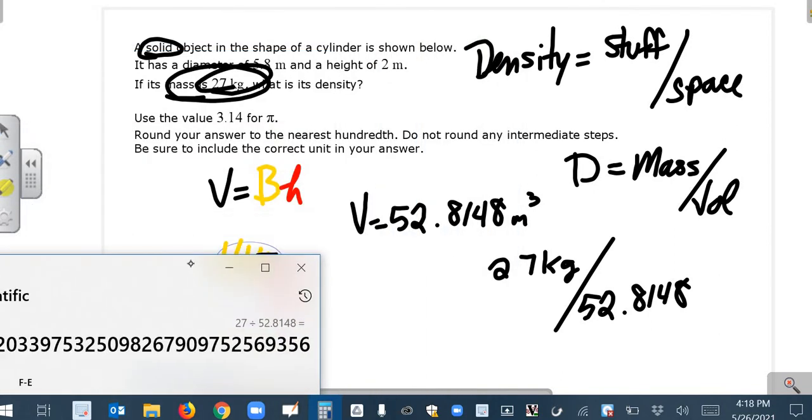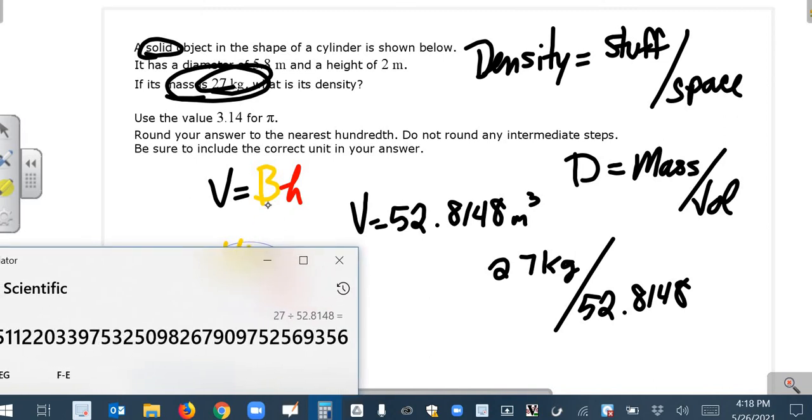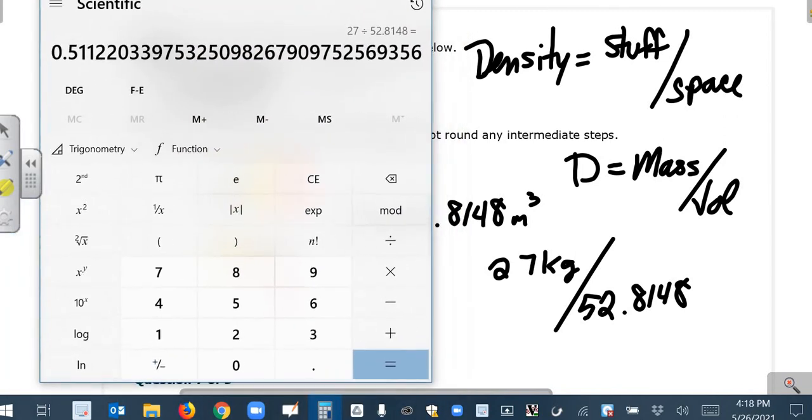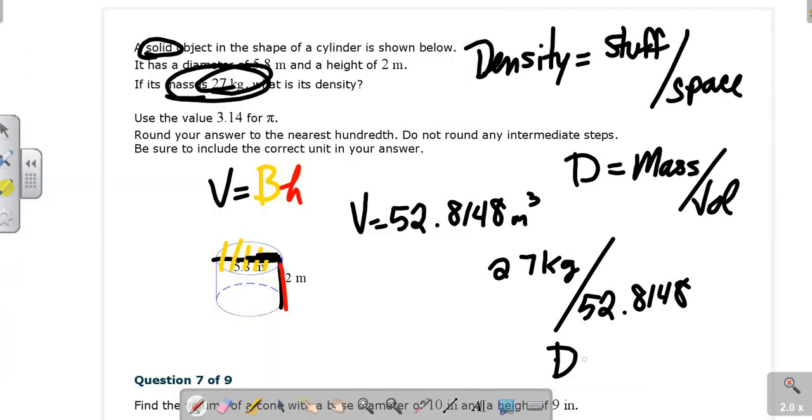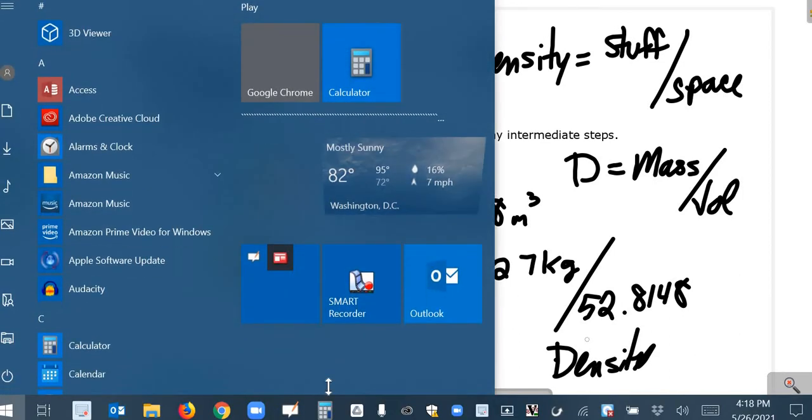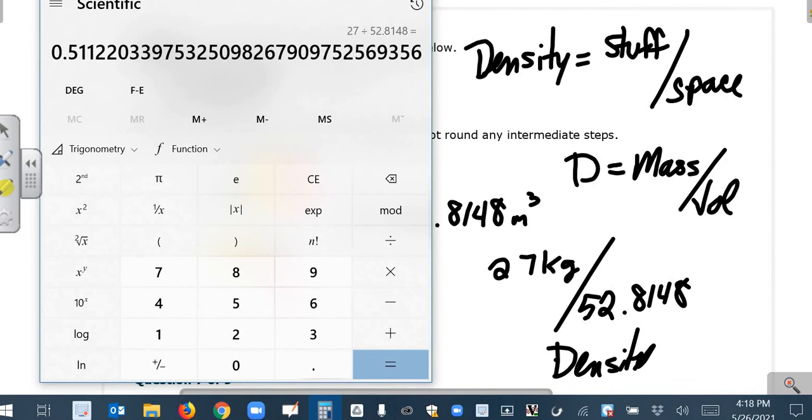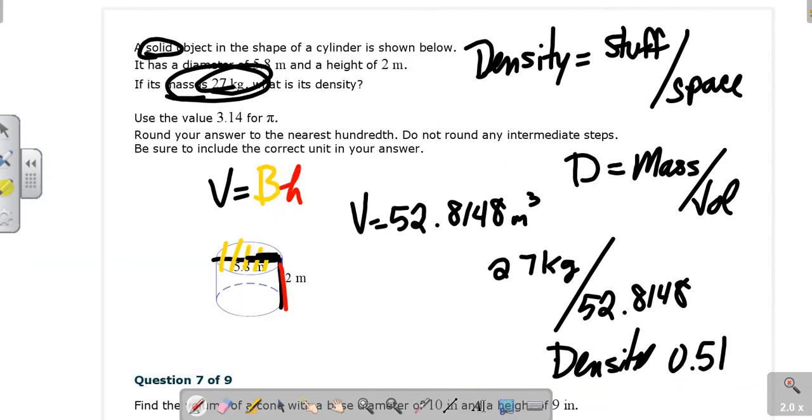And it says right here, round your answer to the nearest hundredth. Do not round any other steps. So your density is 0.51, and that would be kg, kilograms per meters cubed.